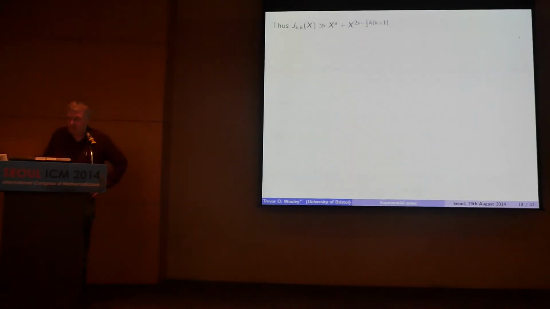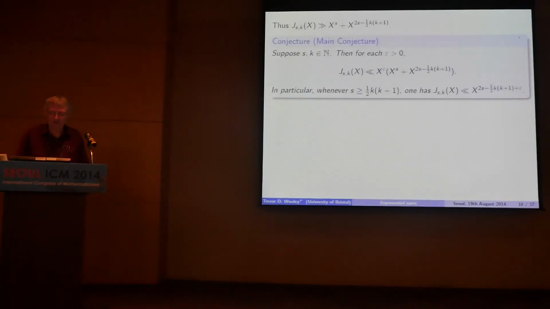So if I add these together, I get a lower bound for the mean value. And that lower bound is actually the expected size for this mean value. We really do conjecture that this lower bound corresponds to the true state of affairs.